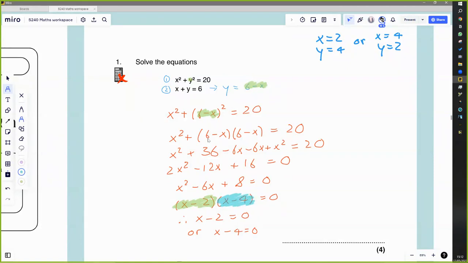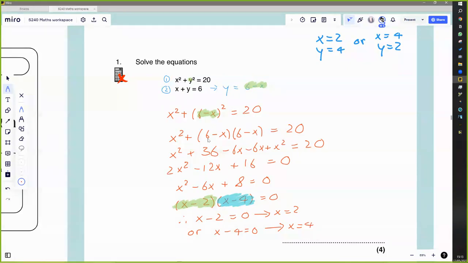The only way you can multiply one thing by another and have it equal 0 is that either the first thing is equal to 0 or the second thing is equal to 0. And so either this equals 0 or this equals 0. That would mean either x is equal to 2 or x is equal to 4.